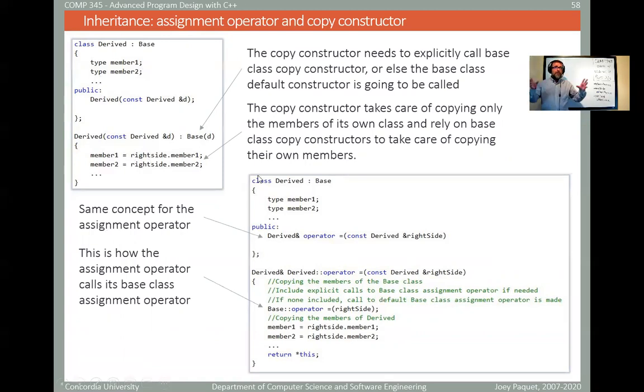And if all the copy constructors are organized in this way, it becomes very clear what copy constructor should be copying what, okay? So this is how the copy constructor is calling its superclass or base class copy constructor and taking care of the copying of the members of its class.